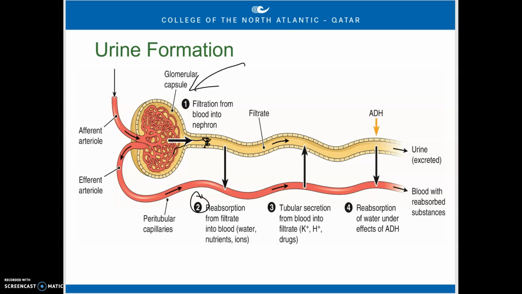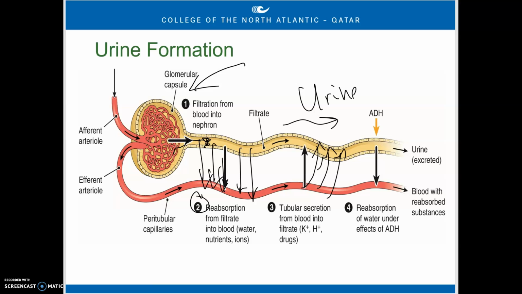The stuff that we want, we're going to reabsorb, and we take that from the filtrate and bring it back into the blood. Okay? Now, depending on the condition of the body, we may not want all of this stuff. So in turn, we'll probably put some of it back into the nephron, and whatever is in the nephron as it travels through is going to become urine.